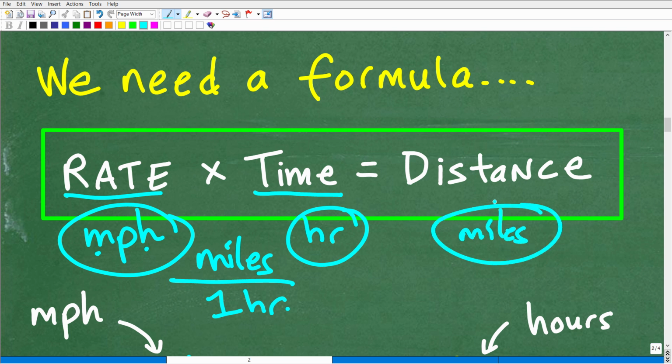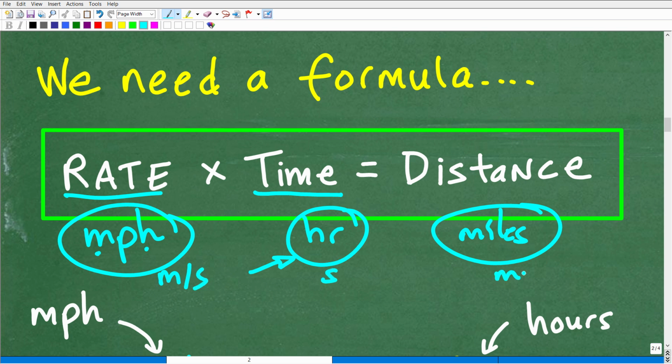But what can happen, and it's pretty frequent, is that you'll be given a problem where you have to convert units of measure. In other words, your rate can be in miles per hour, and then your time might be in seconds. If that's the case, you're going to have to convert those seconds into hours. But if we were dealing with a rate of meters per second, then our time would be in seconds and our distance would be in meters.